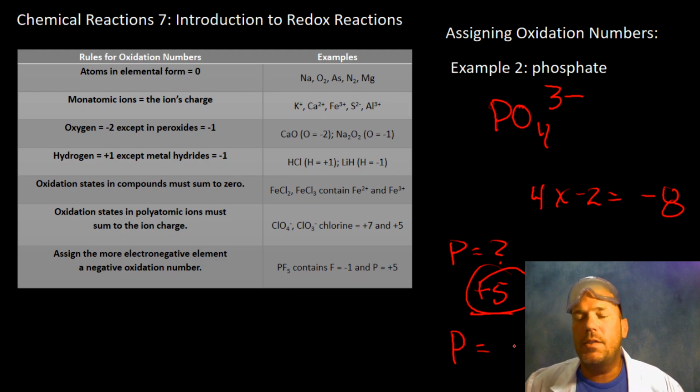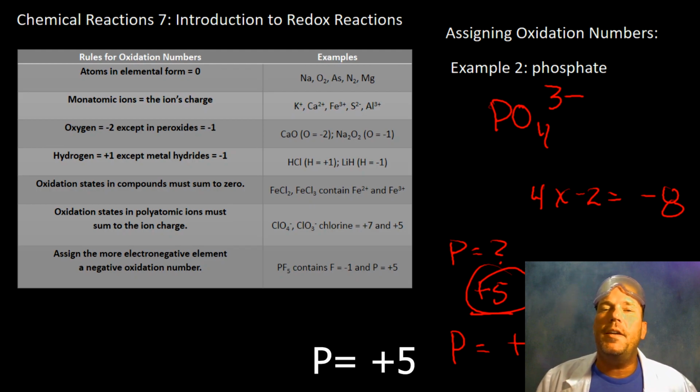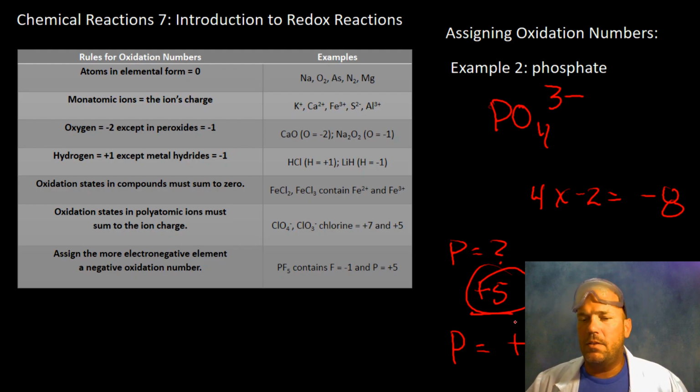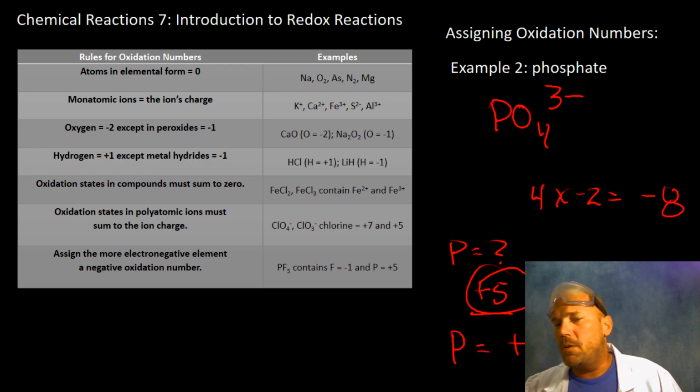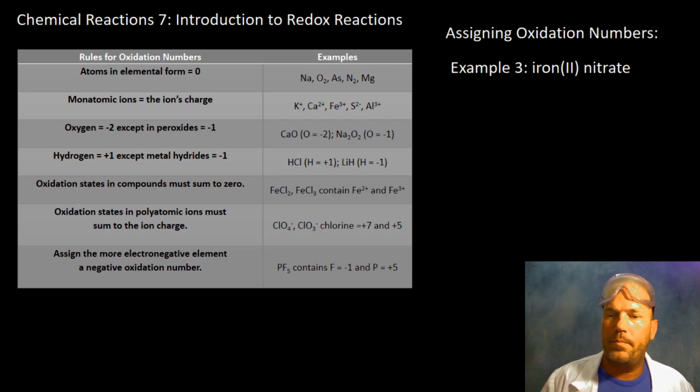Phosphorus in this case has an oxidation number of +5 in the phosphate polyatomic ion. Okay, and you see that when we sum this, we end up with -3. -3 matches the charge of phosphate at 3-.